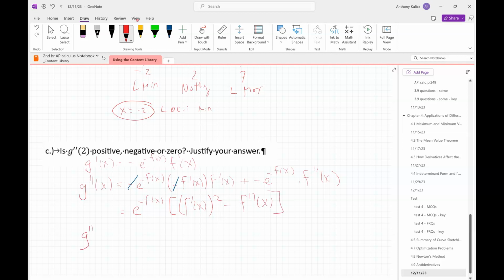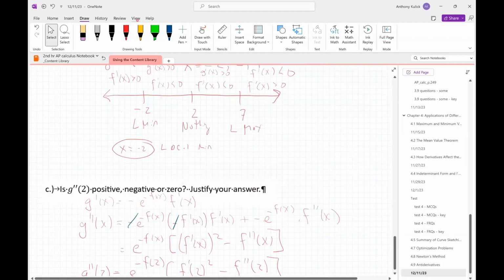So if I want g double prime of 2, I know this piece, that's always positive, right? Because it's an exponential.